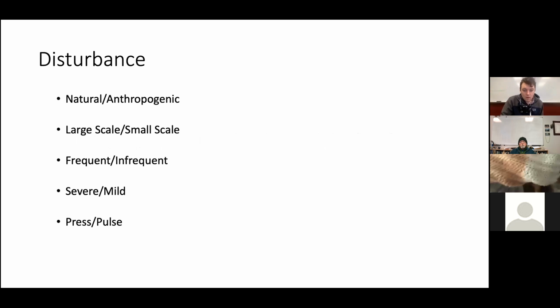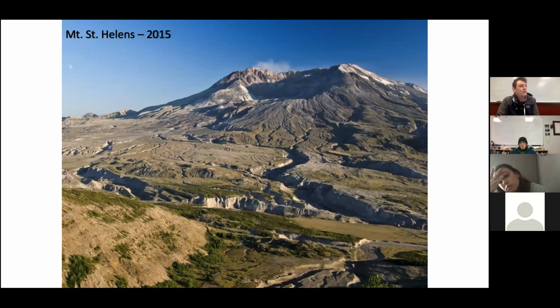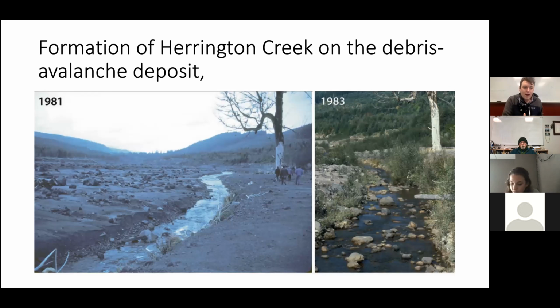And then I was just starting to walk you through an example of a major disturbance event and the succession that followed. We talked about the eruption of Mount St. Helens in 1980, what the landscape looks like or looked like in 2015, so already 5 years ago. And I was just starting to tell you about how some of the landscape changed.